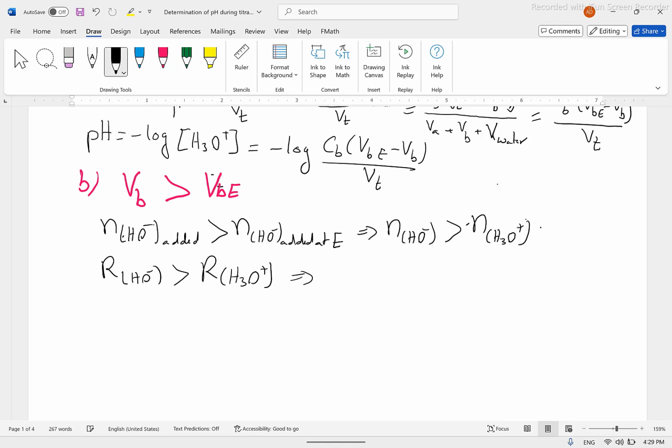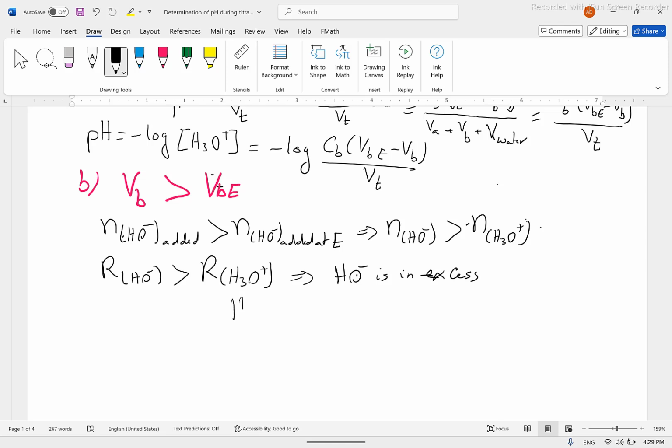And then HO- is the reactant in excess. We need to determine the concentration of HO- left.